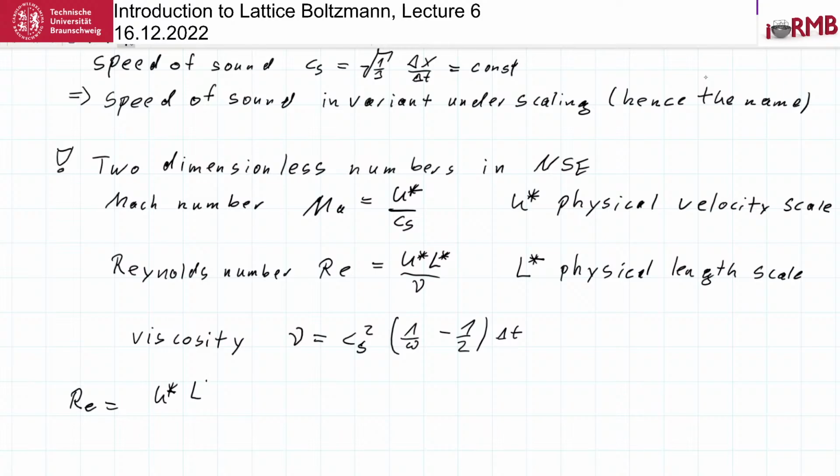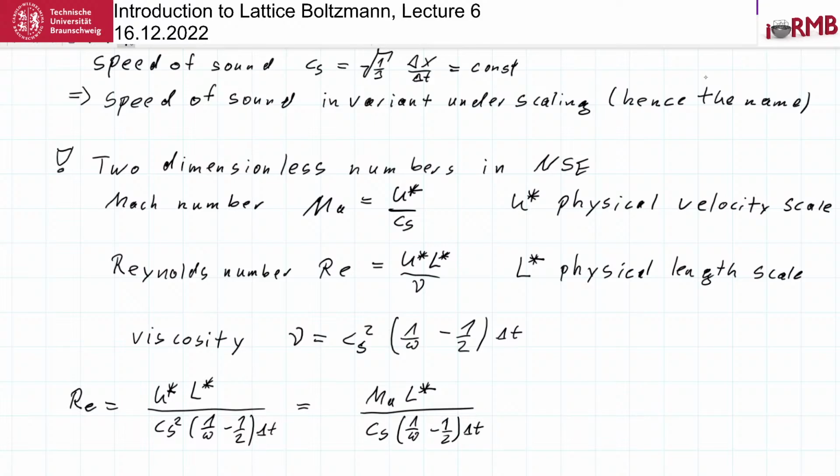We can rewrite the Reynolds number by introducing this viscosity here. So we end up with Cs squared times 1 over omega minus 1/2 times delta t. And now into this we can substitute our Mach number, because we have here U divided by Cs, which is the Mach number. So we replace this by the Mach number. We end up with L, and now we have only Cs because one of the Cs is now in the Mach number, and this goes into 1 over omega minus 1/2 times delta t.